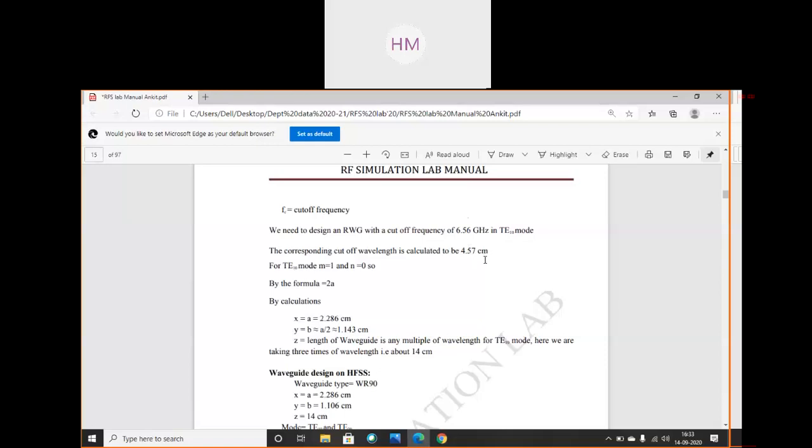So the corresponding cutoff wavelength is, is it clear? So you will get 4.57 centimeter. For TE10 mode, M is 1 and N is 0.